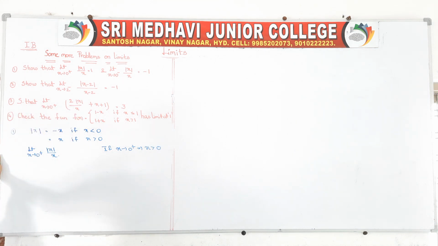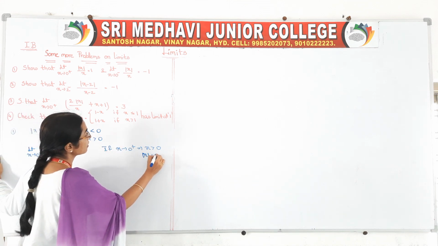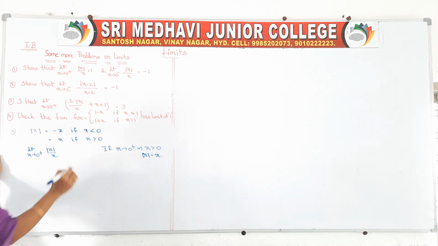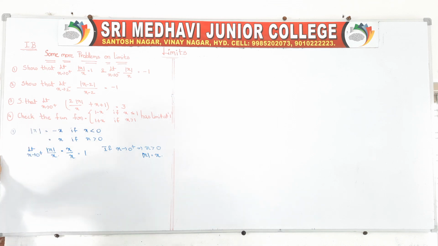If x is greater than 0, what is the mod x value? Mod x is equal to x. So here we will write mod x is x, x by x is equal to 1. The x cancels. So this is your right hand limit.